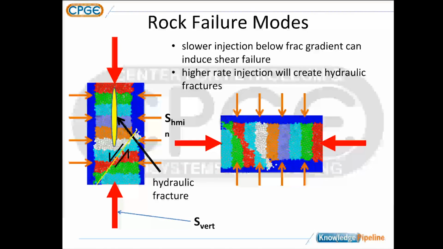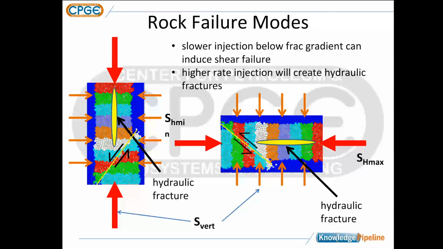The vertical stress would be the smaller arrows, and the faulting we would get now would be a thrust fault instead of a normal fault. Both of these are types of faults that we can find in oil fields. In this particular case, where the vertical stress is the minimum stress, our hydraulic fracture would not be vertical anymore, it would be horizontal. And typically we don't hydraulically fracture in those kinds of environments.